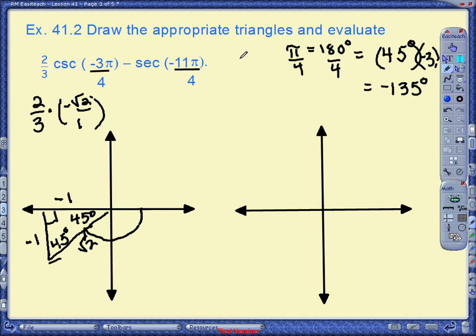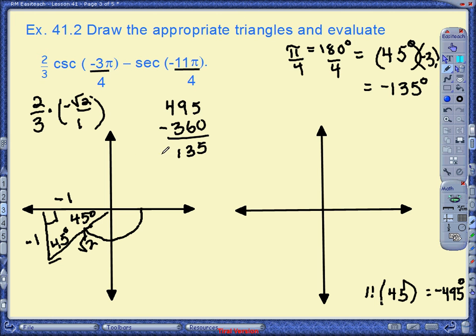The secant of 11 pi over 4, well again, here's that pi over 4 angle, and we know that it's a 45, so I'm just going to multiply it by 11, and I will get an angle of -495. Again, that's gone around more than once, so I'm going to subtract 360 from the absolute value of -495. So that would give me a +495, taking the absolute value.